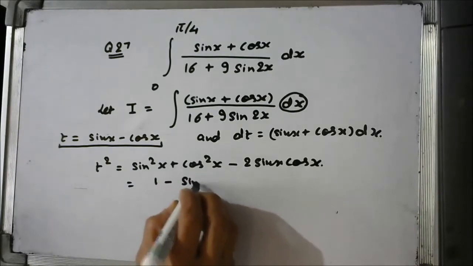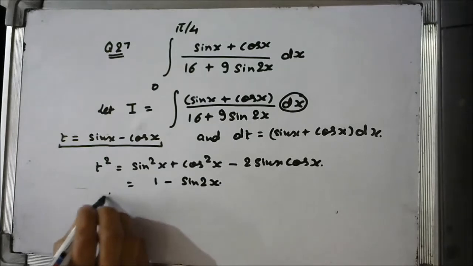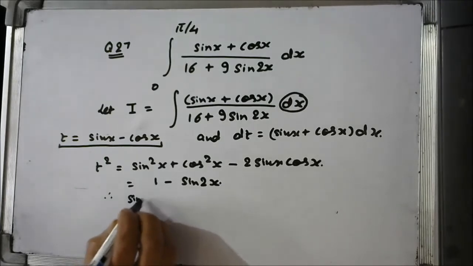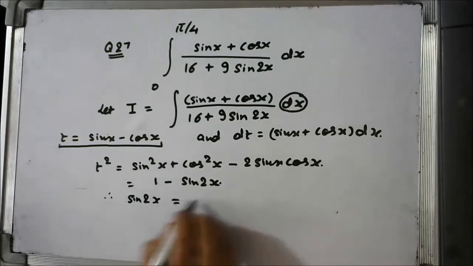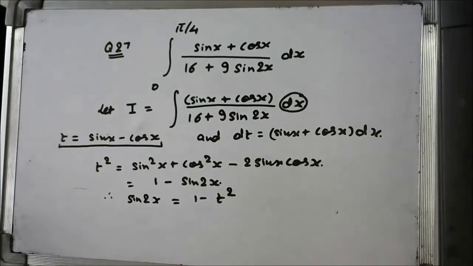So we arrive at this place. Therefore sin 2x becomes 1 minus t square. So both our major problems in questions on substitution have been resolved. Now we can proceed with the actual process of integration.